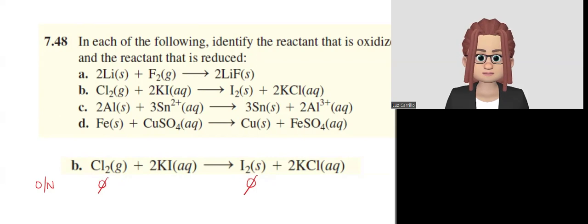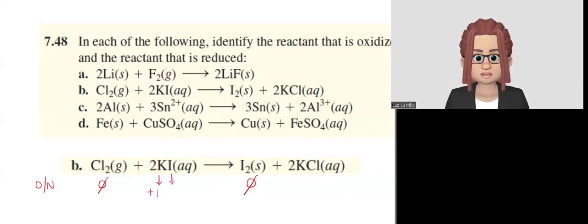Next, here in this reaction specifically, I have 2 ionic compounds, KI and KCl. In ionic compounds, the charge of the ions is also their oxidation number. So if I take this compound and break it into ions, and this compound and change it into ions, I notice that potassium's oxidation number is going to be +1.